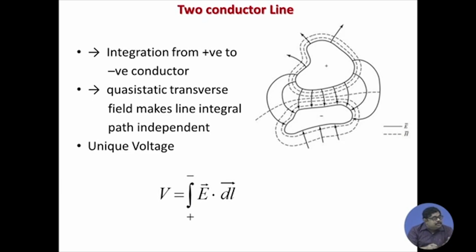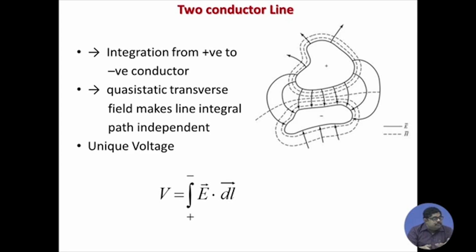And in this picture you are seeing that we have two conductors, one is positively charged, another is negatively charged, and obviously there will be electric fields and magnetic fields between them.